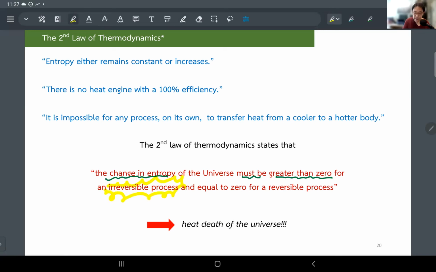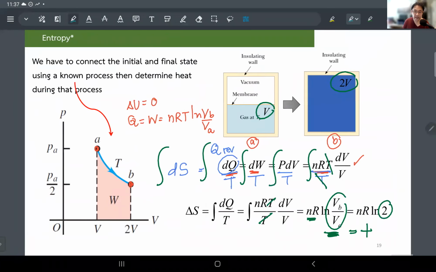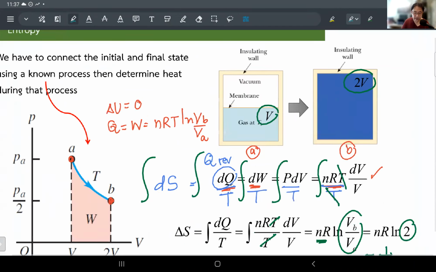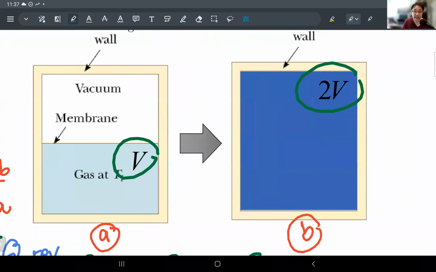And if you get to a system that has 0 change, that means you are dealing with a reversible process. And look at what you got. You get a positive change in entropy. So that means this free expansion of the gas is an irreversible process. That's what it is. Okay.